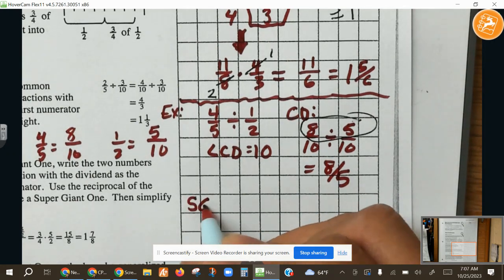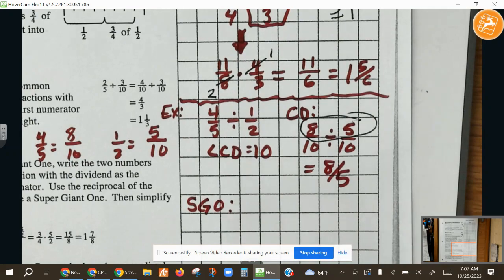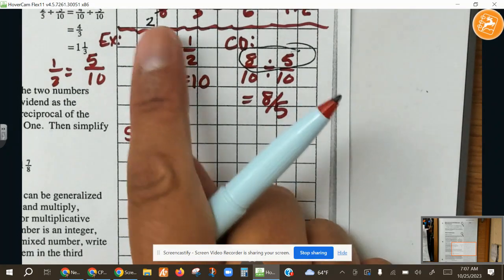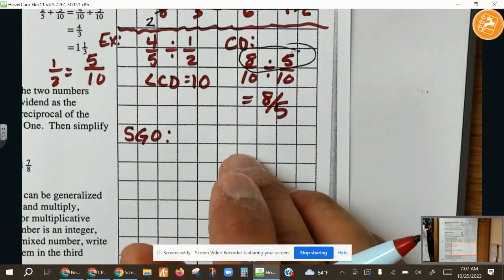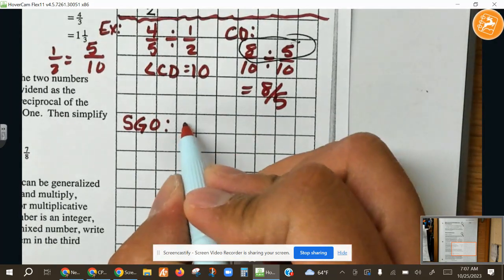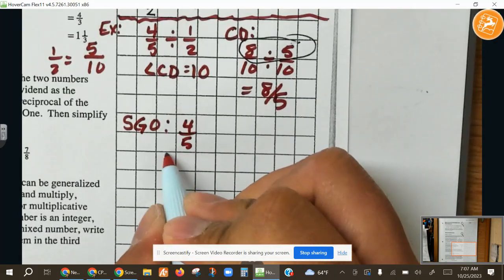Okay, and let's try the supergiant 1. We'll call it the SGO. Okay, so supergiant 1 method. Let's go ahead and use the same. Since we already know what the answer should be, we'll see if our answer does end up being that. Okay, so supergiant 1, we have 4/5.